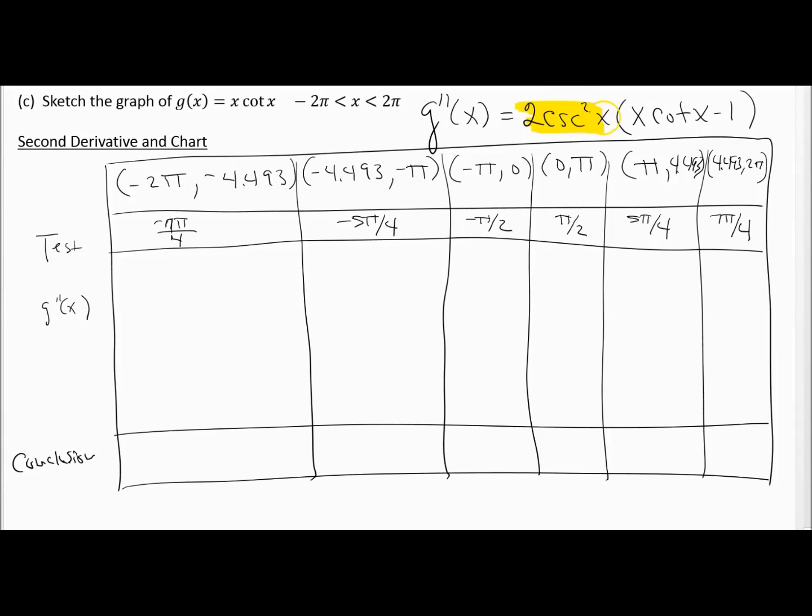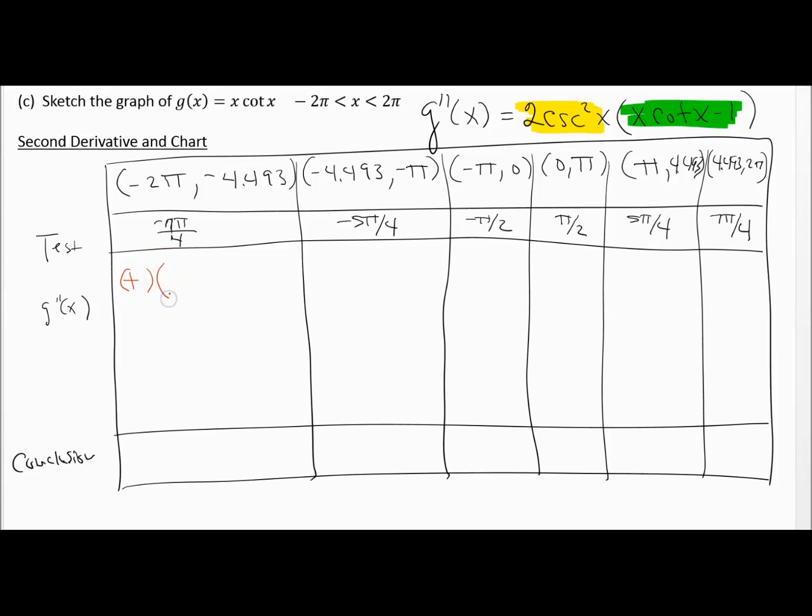So this part's positive. This part over here, highlighted in green, we're going to have to calculate every time. You know why? Because we take x times the cotangent of x and subtract 1. We can't just multiply and say that's going to be positive or negative because we're subtracting 1. All right, so we got a little bit of number crunching to do, but we can do it. I've got a positive because of the yellow part.